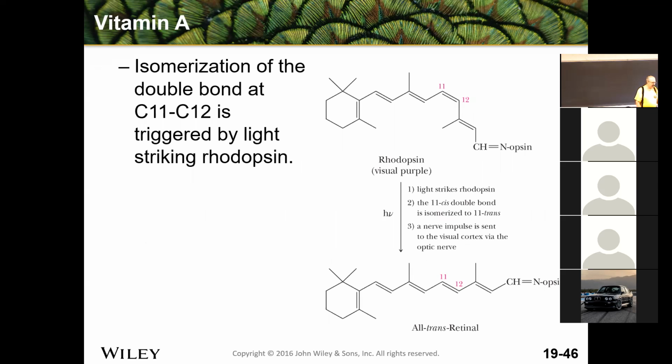Okay, so the primary chemical event that occurs with rhodopsin is you have the cis retinal, 11-cis retinal, and when light strikes it, that causes isomerization. So this uncoils, it straightens out, and that sends a nerve impulse.